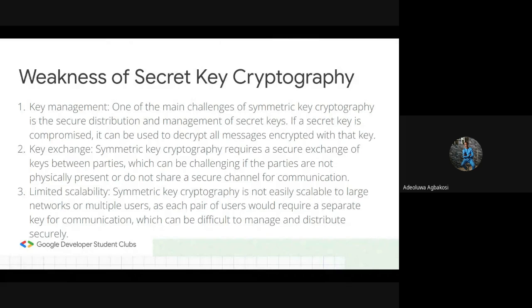Now the second one is key exchange. Secret key cryptography requires a secure exchange of keys between parties, which can be challenging if the parties don't meet in person.